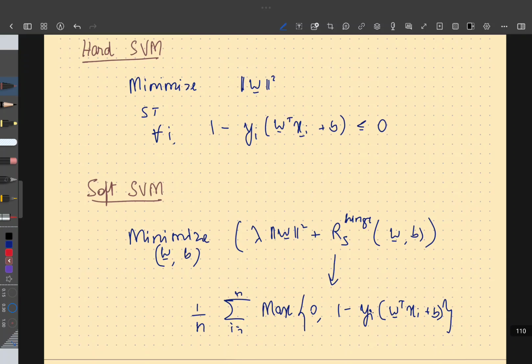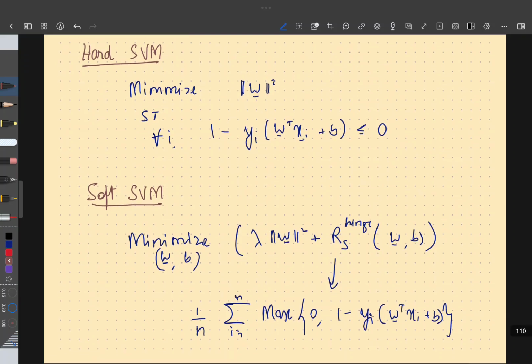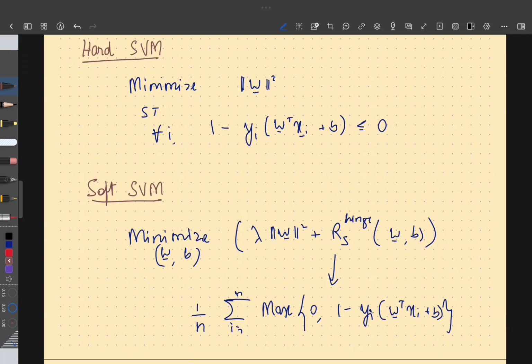In the case where the data set is not linearly separable, we don't have an efficient way of finding the ERM. But then there is the soft SVM algorithm, which is obtained by using the same intuition that we had for the hard SVM problem. This gives a reasonably good solution, even though it is not an empirical risk minimizer.